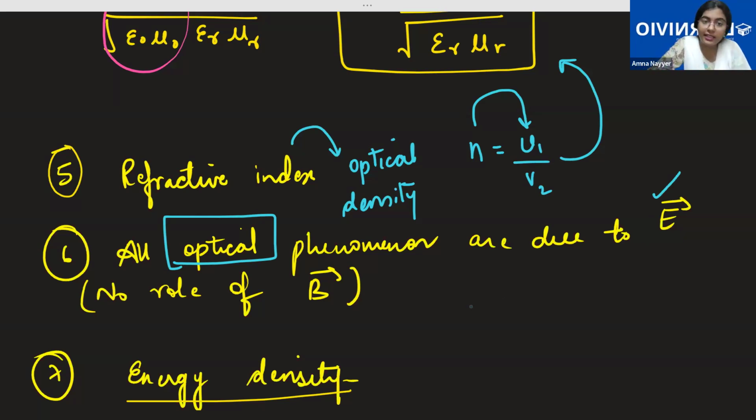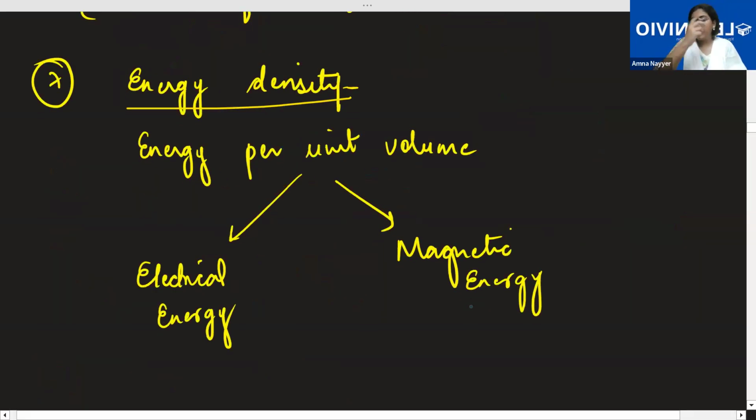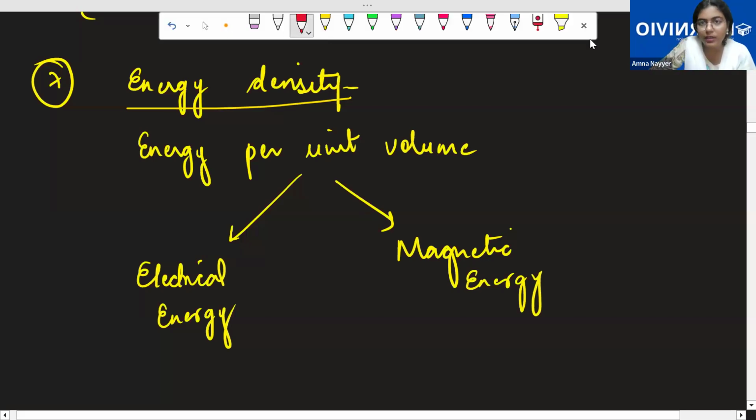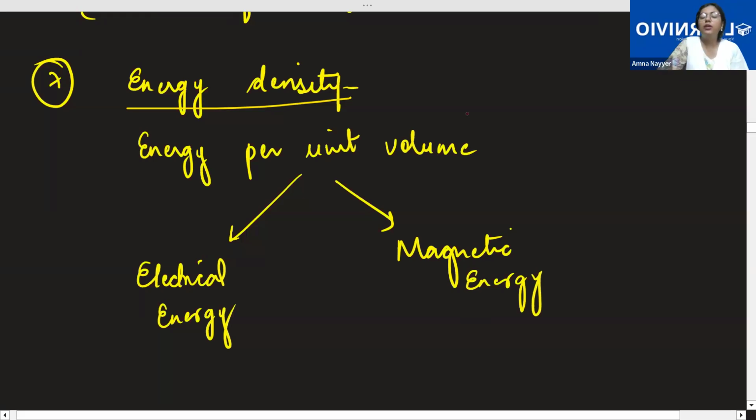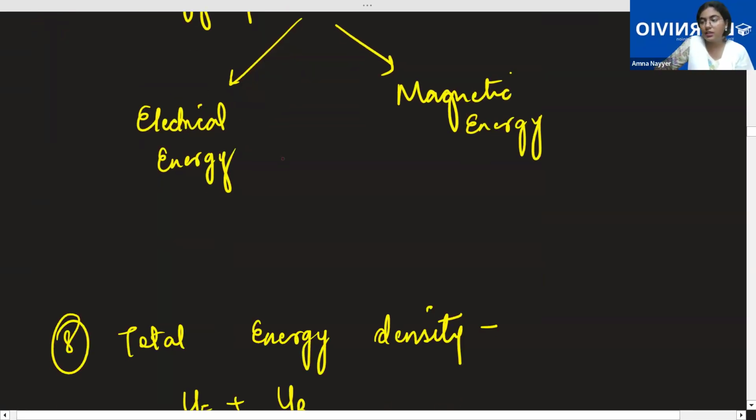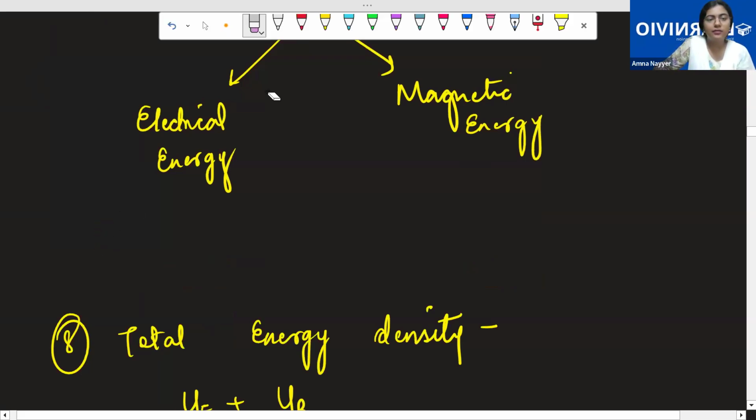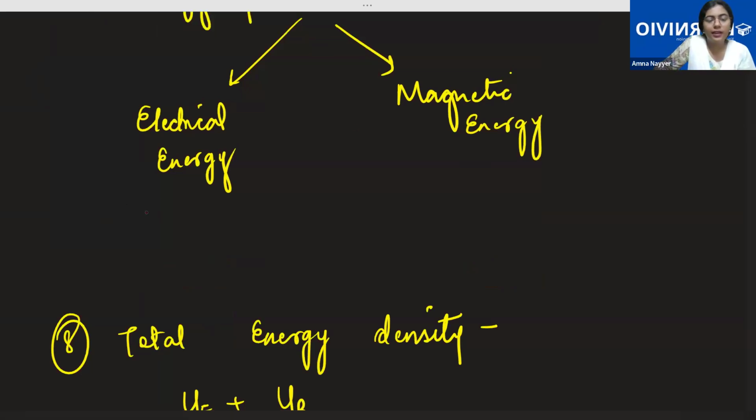Next is energy density. This is one of the most important topics. Energy density basically means energy per unit volume. Now, when we say energy per unit volume, for electrical energy the formula is half epsilon naught E square.